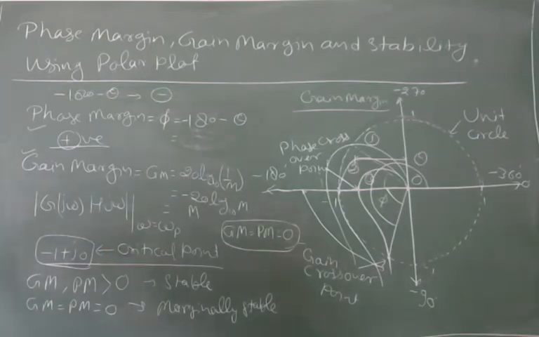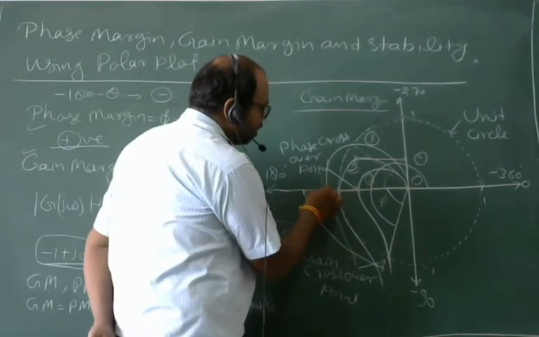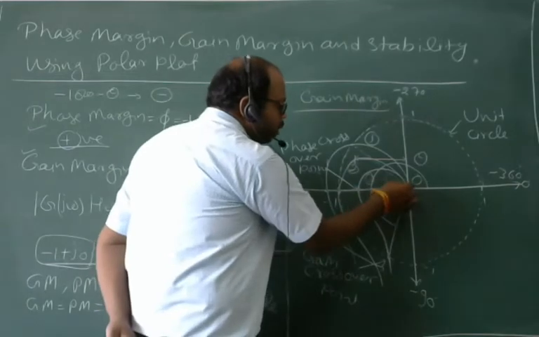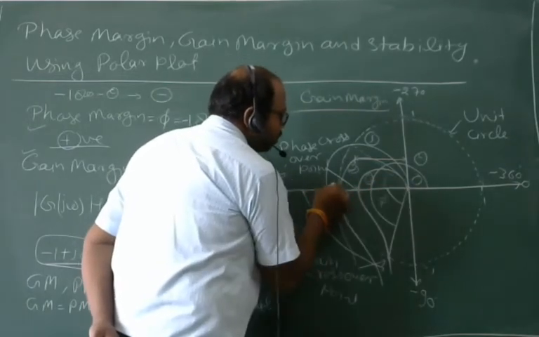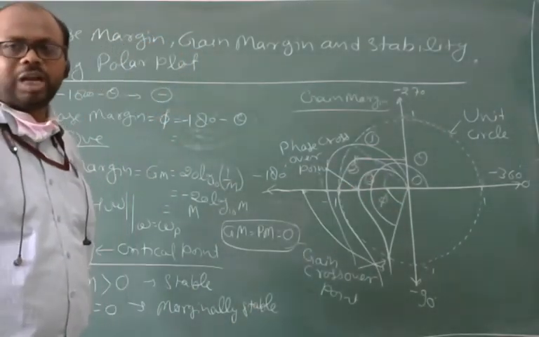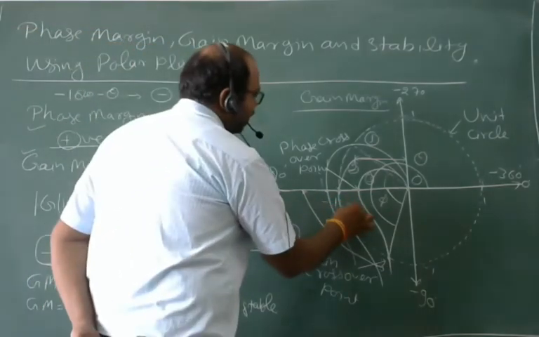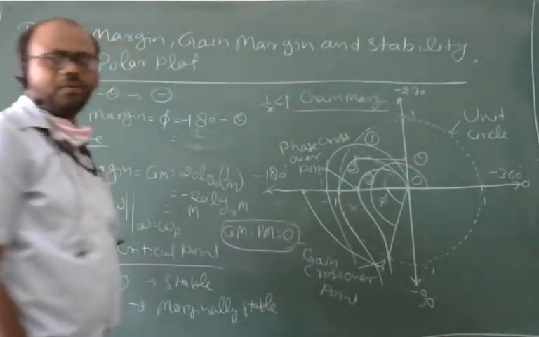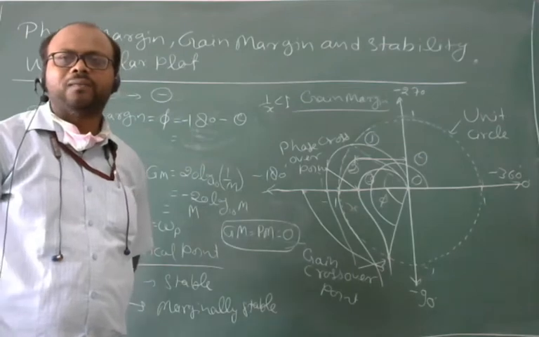What about gain margin? At this point, obviously this magnitude is more than 1. If I take this value as x, then 1 over x is less than 1.